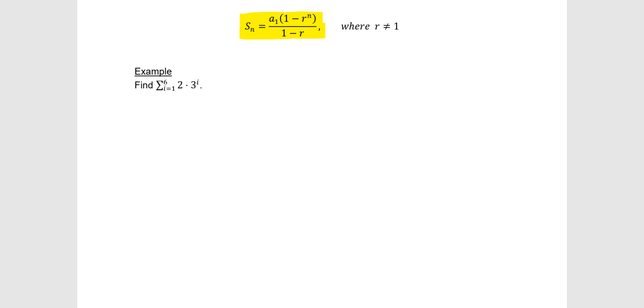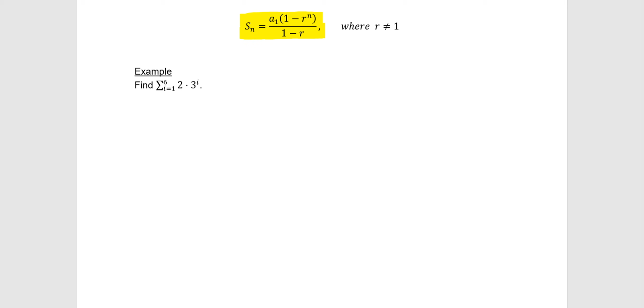Okay, so once we know this little formula, it's pretty simple. So let's see this first example. Find the summation from i equals 1 to 6 of 2 times 3 to the i. We could go ahead and plug in and do 2 times 3 to the first plus 2 times 3 to the second plus 2 times 3 to the third and so on all the way to the sixth.